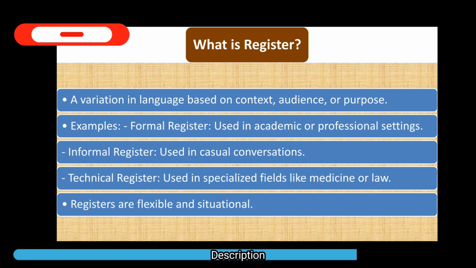So they say that formal register is used in academic or professional settings, informal in casual conversation, and technical register in specialized fields like medicine or law. Registers are flexible and situation-dependent. We are speaking here, and suddenly you change your tone and choice of words when someone else comes, right? Because your relationship is different with that person.